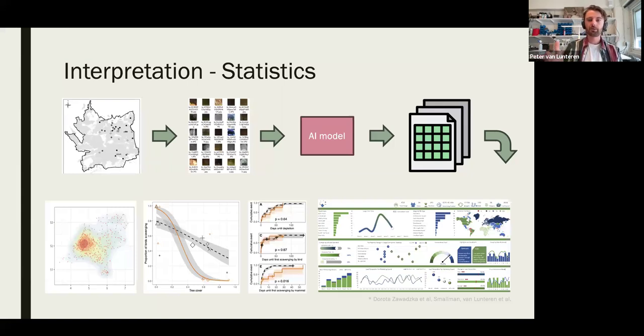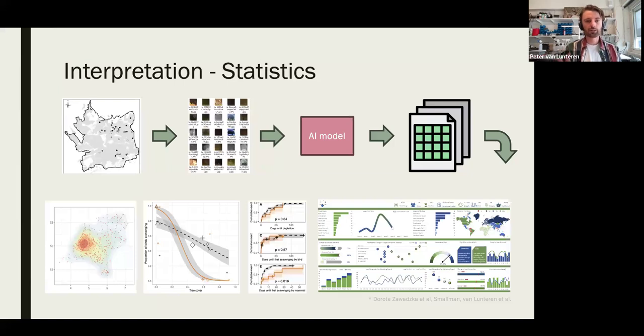So you can develop an AI model which would analyze all of them, but that still means you'll convert image data to tabular data. This can be an Excel file, for example, and because you have so many images, you'll have a lot of rows too. Sometimes you'll end up with several million rows of data, and that still won't give you a very good interpretation of what's going on in your natural area.